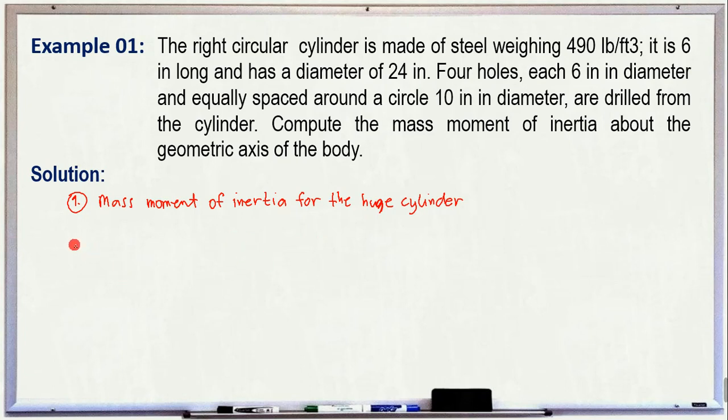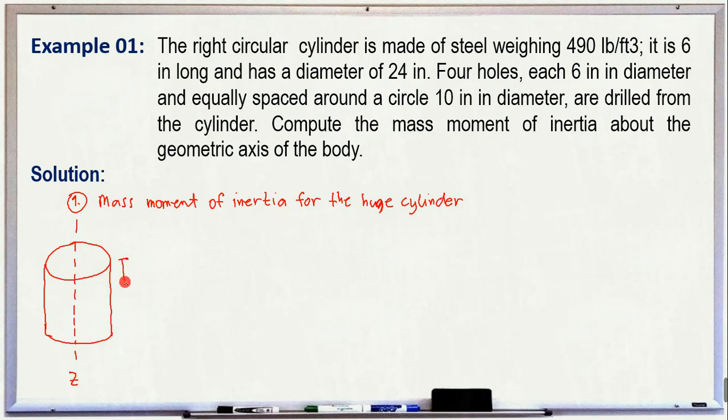So for the huge cylinder, this is the body. This is its inertial axis, the axis of inertia z, and the axis of inertia is collinear with the geometric axis of the body.